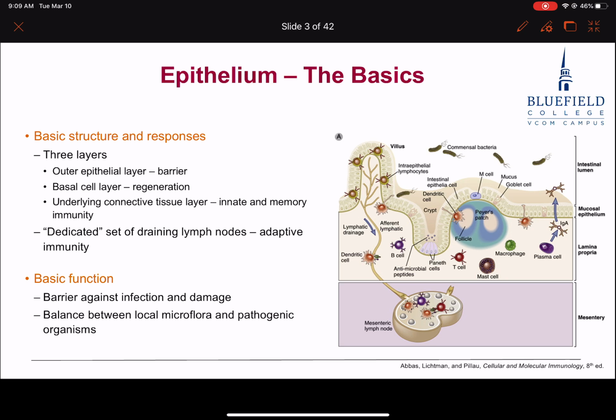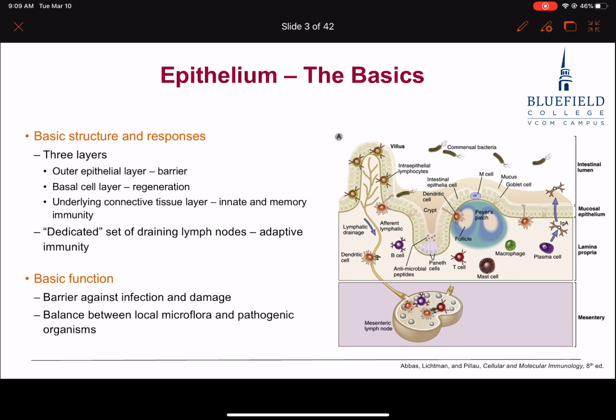where there's a lot of really important pieces that go into the function of that epithelial barrier, because that's where a lot of the immune cells are located, those dedicated lymphoid follicles, whether it's the Peyer's patches in the gut, or the other organized structures in other epithelial barriers. All right? But then also, you've got dedicated sets of lymph nodes that are located near those structures.